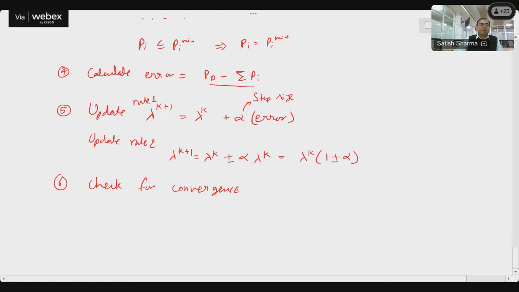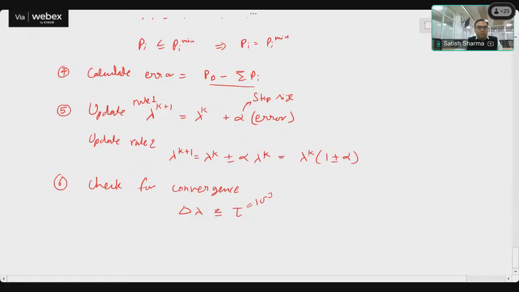Okay. And convergence, basically we will look that the delta change in lambda should be less than or equal to some tolerance value, and this tolerance value can be, let's say, 10 to the power -3 or -4, depending upon your requirement and how much accuracy you want.